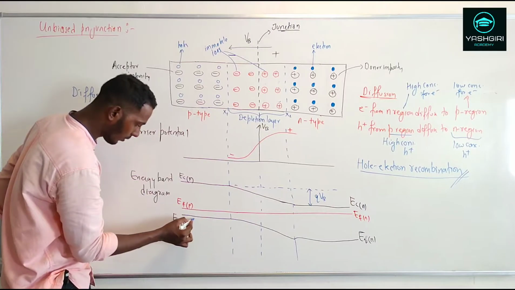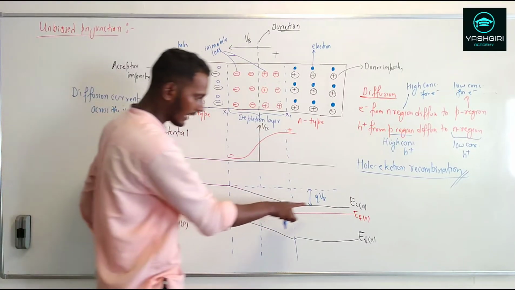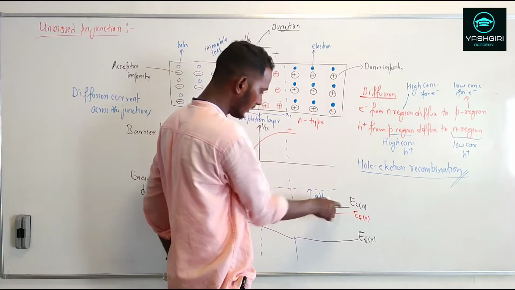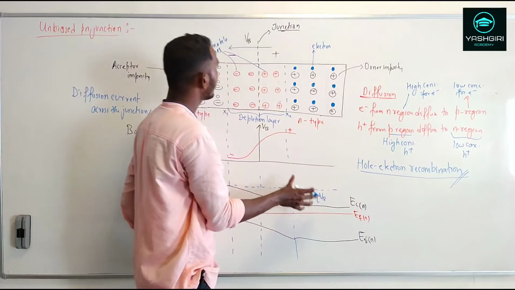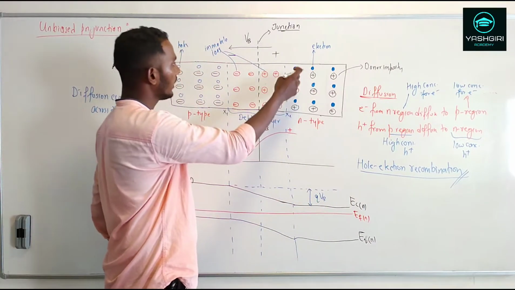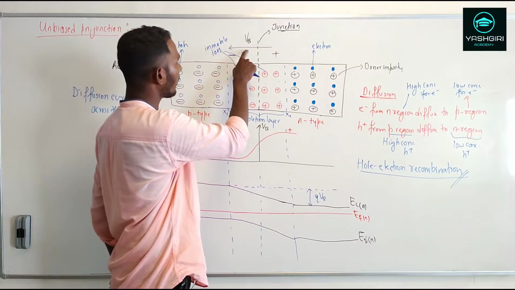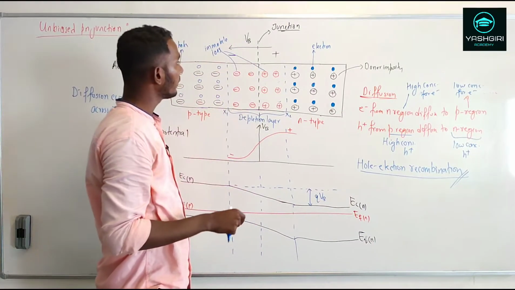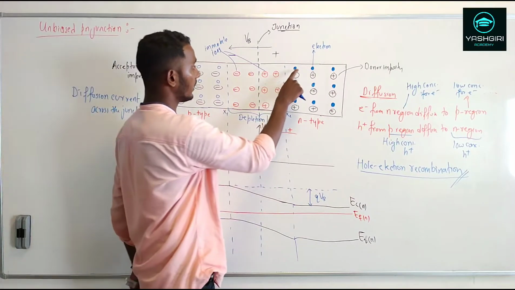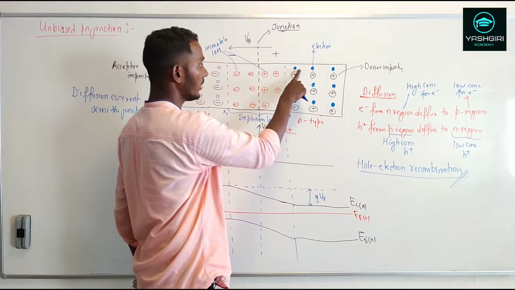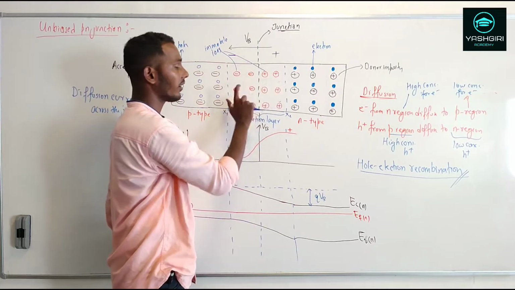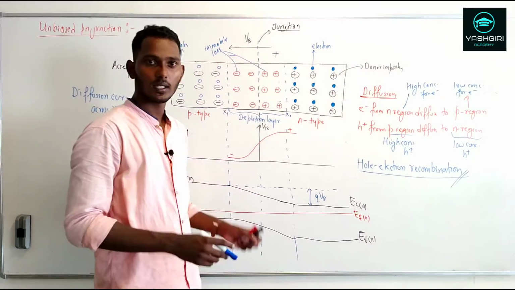Now there will be holes in this valence band, whereas electrons are available in the conduction band, and this is the barrier height that has to be overcome by the electron if it wants to go into the n region. The creation of this barrier potential VB will further oppose the flow of the charge carriers, that is your electrons and holes, across this junction.